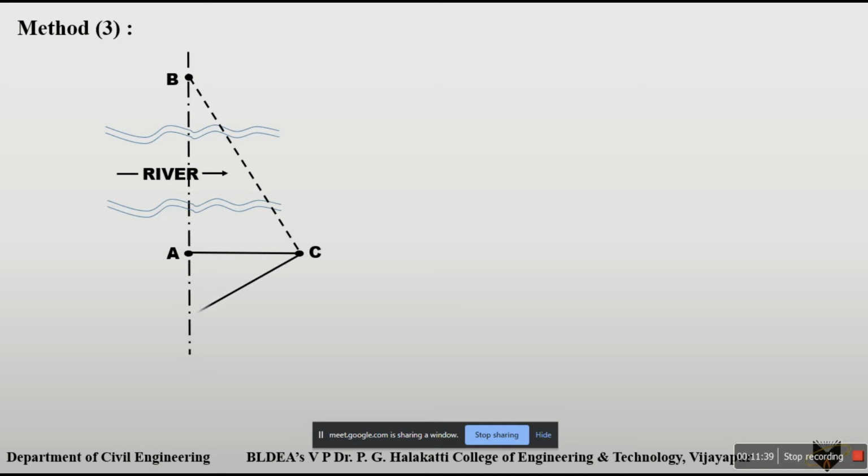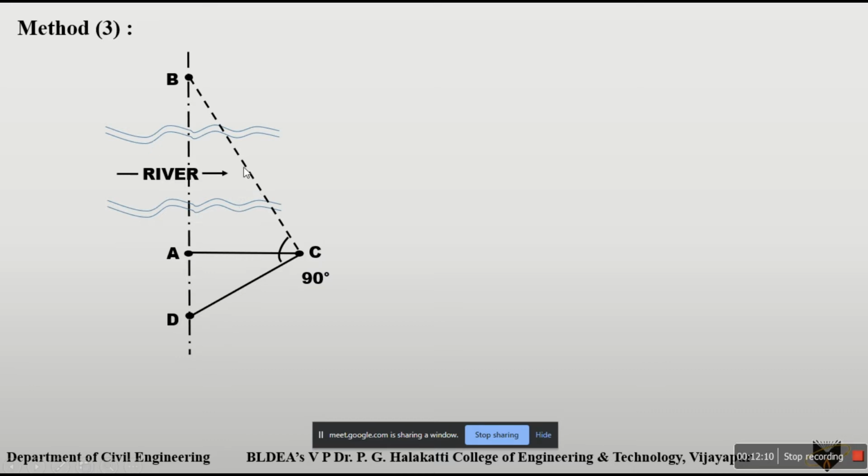Then you have to erect a perpendicular line, so this line CD is perpendicular to this BC line. Then it crosses our chain line, and you have to fix this point D. After that you have to measure the distance of AD and similarly AC.